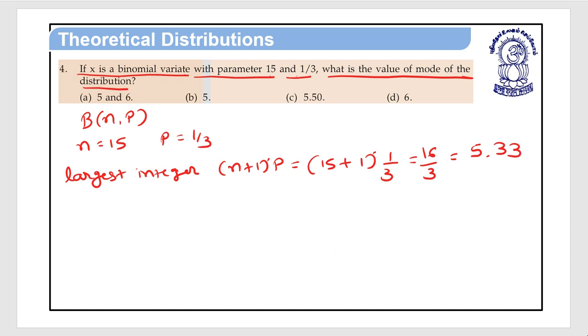Here we require the largest integer value. So the largest integer value is equal to 5.